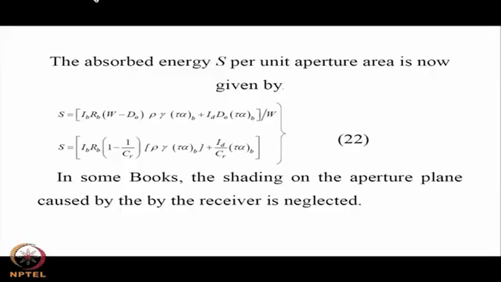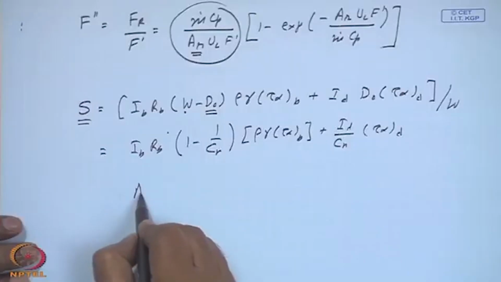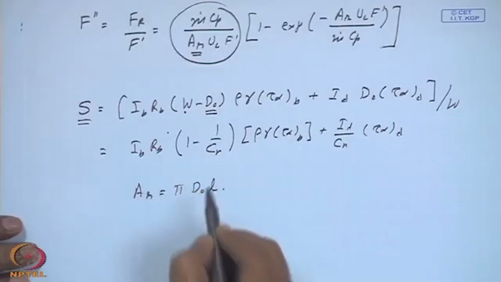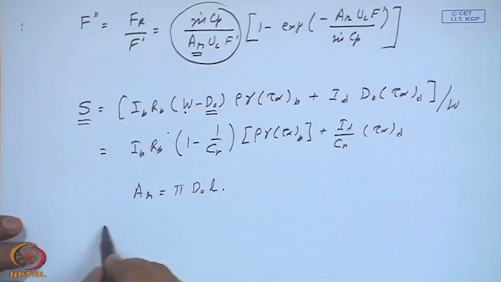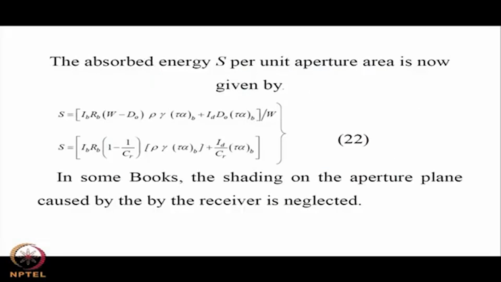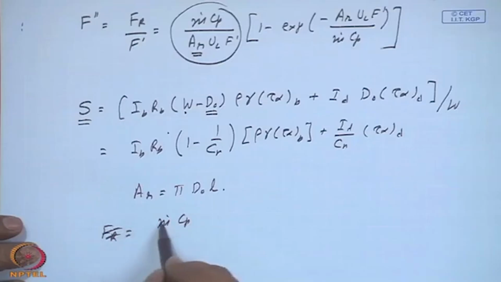And in many instances, if the concentration ratio is high, maybe 5 or 10, it becomes negligible, and consequently AR of course is pi d naught L, to reinforce the concept. So, your FR will be m dot Cp... sorry, this we have already done. AR is pi d naught L.